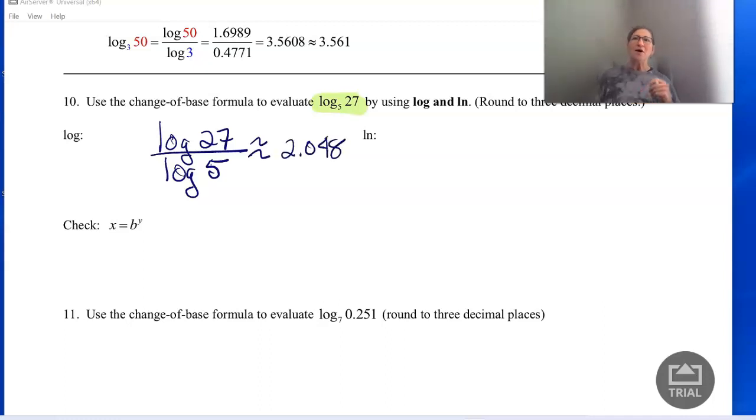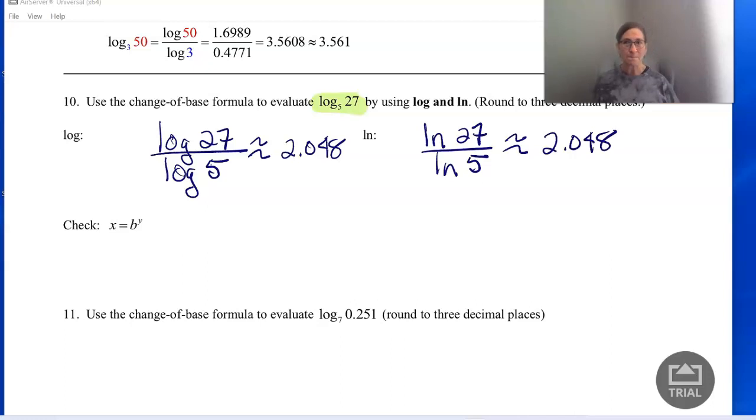Then do it with natural log. So you'd set it up as natural log of 27 over natural log of 5. Intuitively, it doesn't seem like it should equal the same thing. And yet it does, because they're just setting up two logs with the same base, and you still get 2.048.